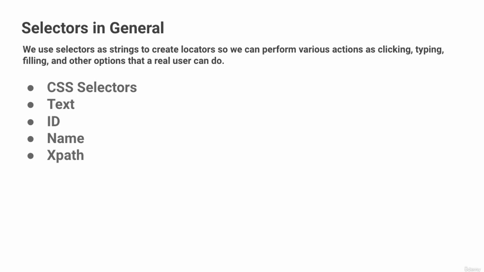We use selectors as strings to create locators in the document object model in order to perform various actions such as clicking, typing, or filling a form, dragging, scrolling, and other options that a real user can do.